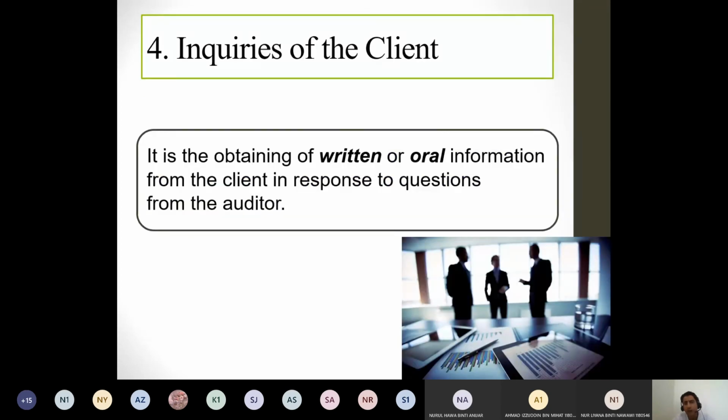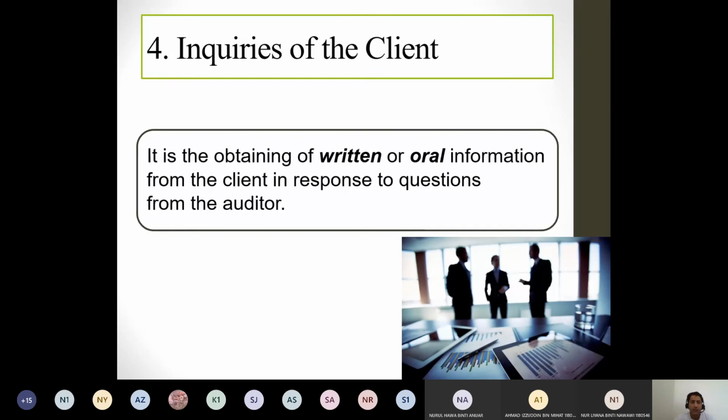Next, inquiry of the client is about obtaining written or oral information from the client in response to questions from the auditor. Sometimes by calling or meeting in person, and sometimes distributing questionnaires and surveys, or even by email, and they will reply.